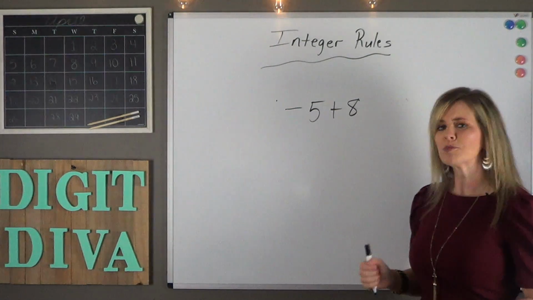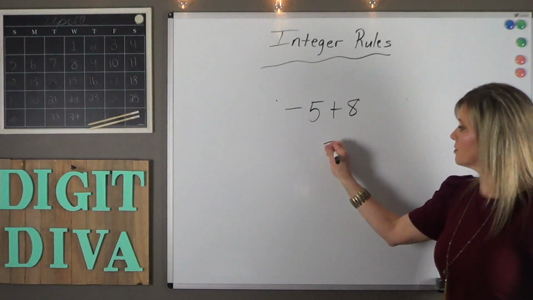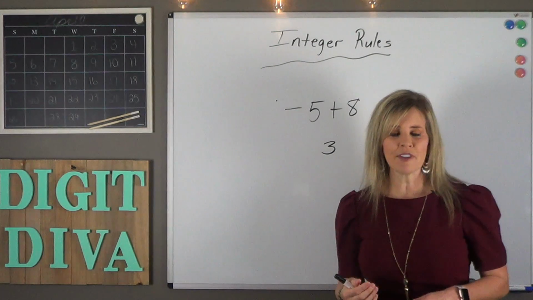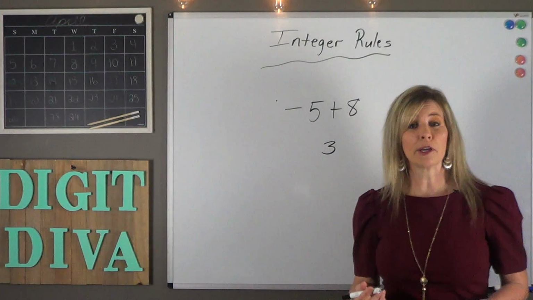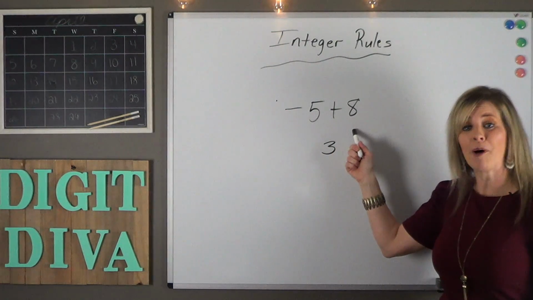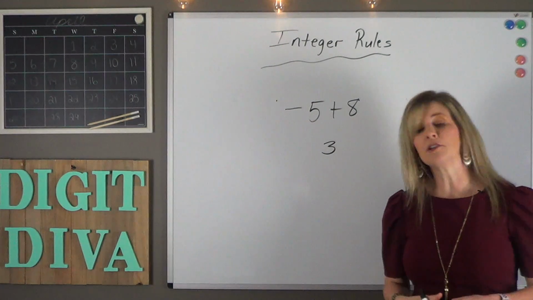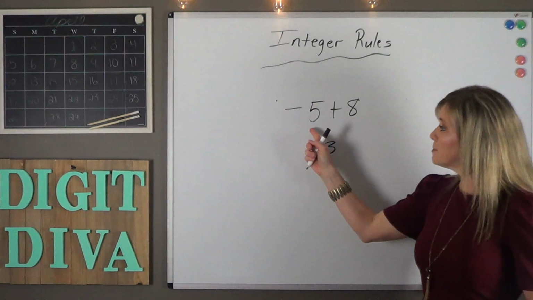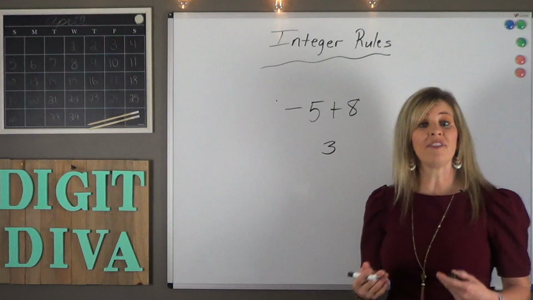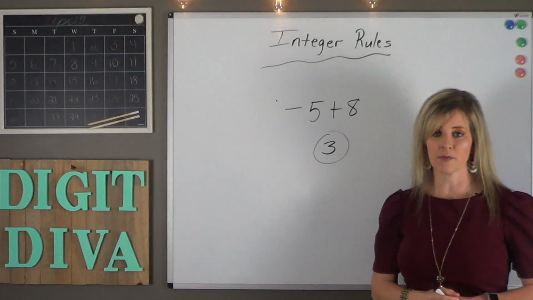The rule states when the signs are different, you need to subtract. So 8 minus 5 is 3. The last part of the rule says to keep the sign of the number with the bigger absolute value. The absolute value of 8 is 8 units, and the absolute value of -5 is 5. So we're going to keep the answer positive.